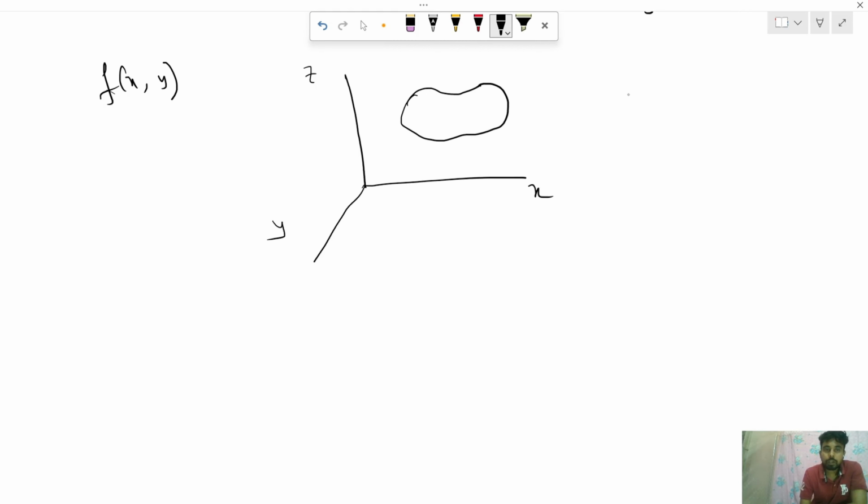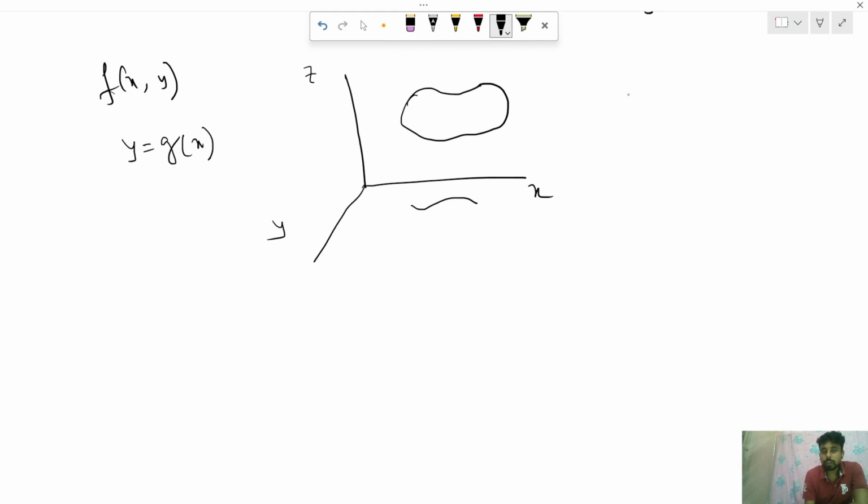Now I consider a curve in the xy plane. Any curve in the xy plane, you can write y equal to g(x), where y is the dependent variable and x is the independent variable.